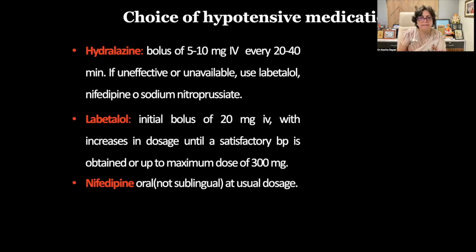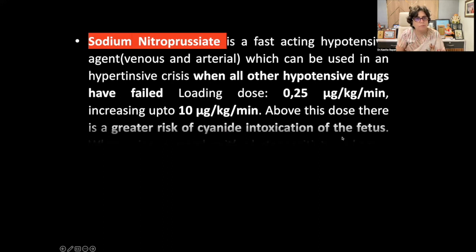First is hydralazine, labetalol, and nifedipine. Hydralazine bolus of 5 to 10 milligram IV every 20 to 40 minutes. If ineffective, use labetalol, nifedipine, or sodium nitroprusside. Labetalol, initial bolus 20 milligram IV with increasing doses until satisfactory BP is obtained, and nifedipine in normal doses.